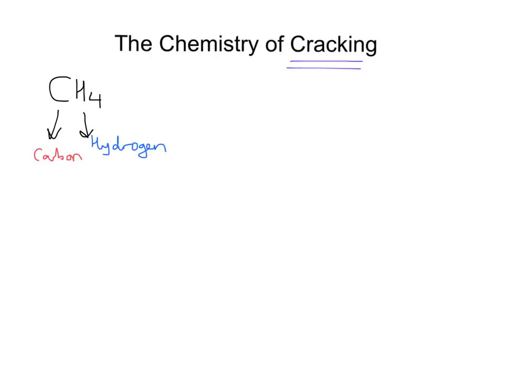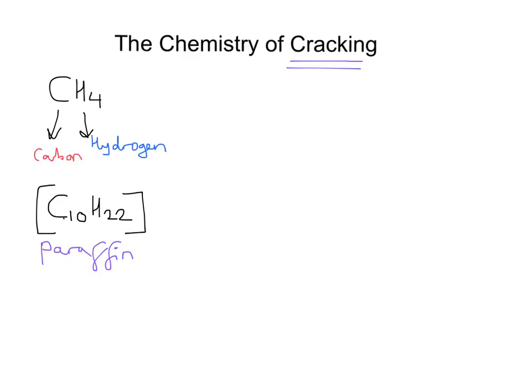So the example I'm going to use is C10H22. I'm not going to draw that out as a long molecule, because it takes up quite a bit of room. But what we've got there, C10H22, is a fraction that we can refer to as paraffin.